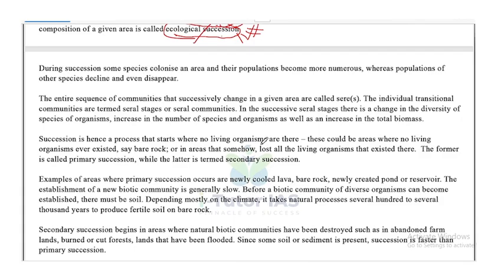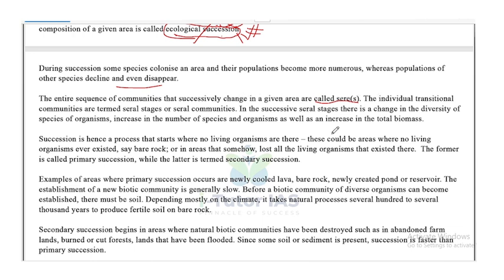During succession, some species colonize an area and their populations become more numerous, whereas populations of other species decline and even disappear. The entire sequence of communities that successively change in a given area is called a sere.